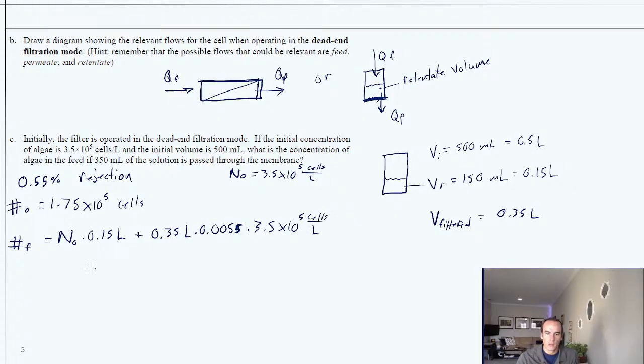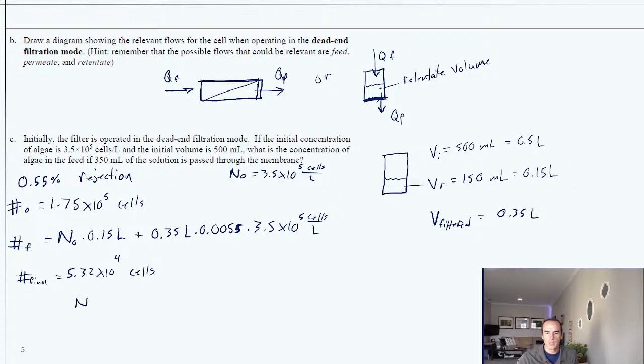Okay, so doing that, we get some number of cells in the final solution, and that should come out to be 5.32 times 10 to the 4th cells.